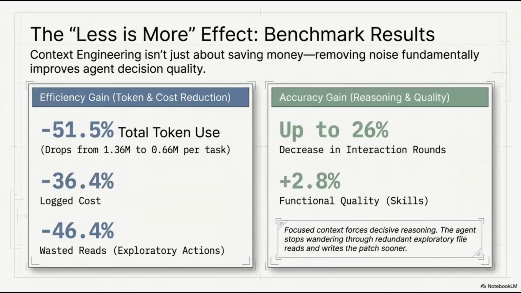Which ties perfectly into dynamic tool injection. Instead of dumping all 20 of your available tool definitions into the prompt at the start of a session, which, as we know, ruins your prefix cache and bloats your budget, you use a lightweight classifier. Yes, this is where that smaller model comes in again. Right. Before the main agent even takes a step, you make a 50 millisecond call to a cheap model.